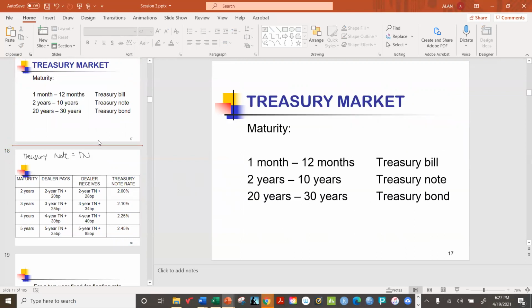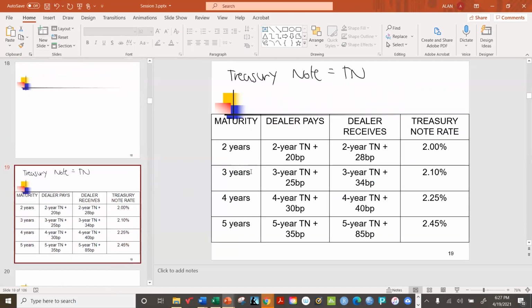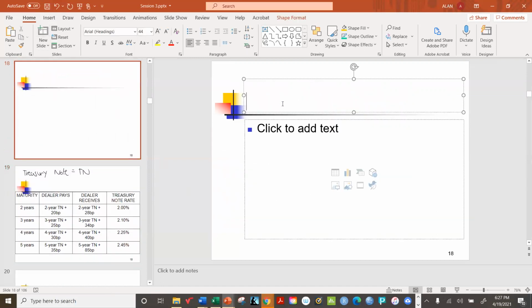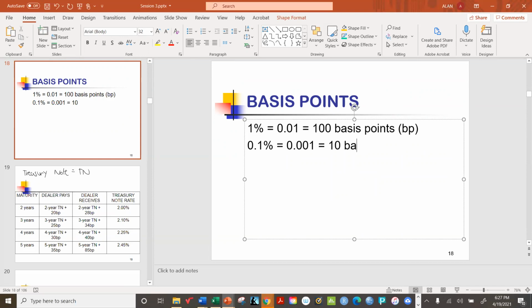Oh, one more thing. Here's another quick point I want to make. You'll notice in this table the letters BP. This is something unique to Wall Street. You don't normally see this anywhere else. 1% is defined to be 100 basis points. 0.1% or 0.01 is defined as 10 basis points.